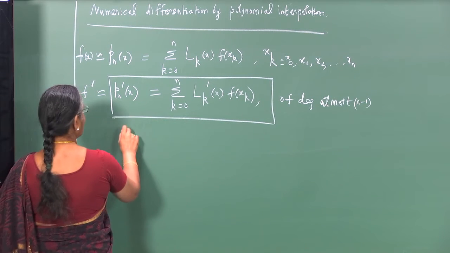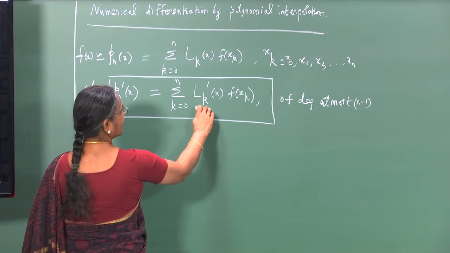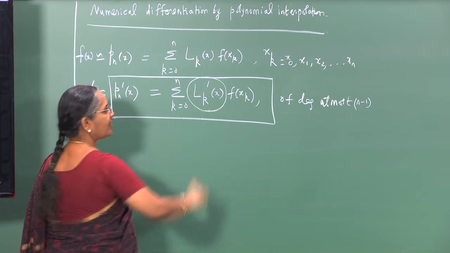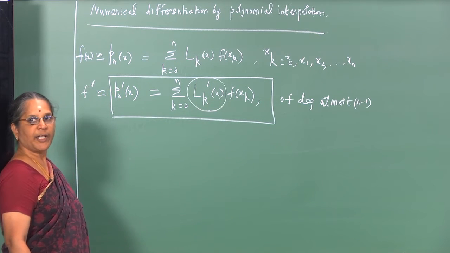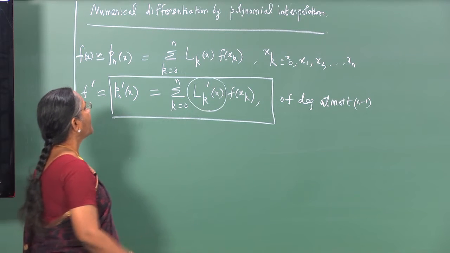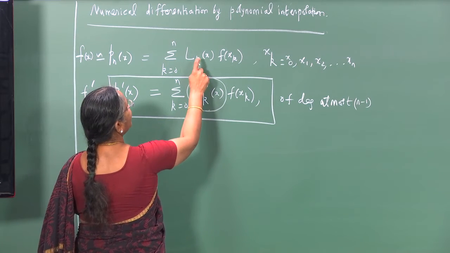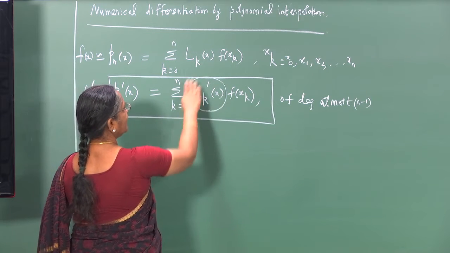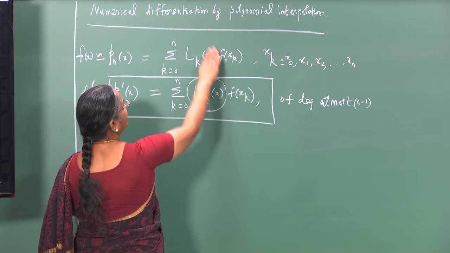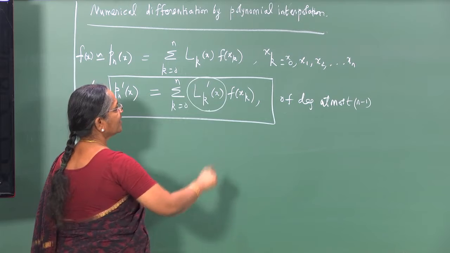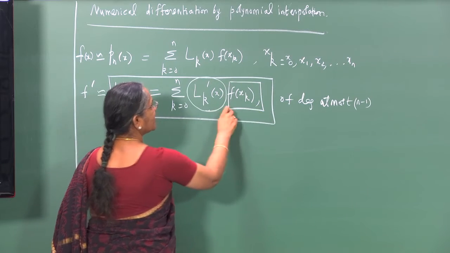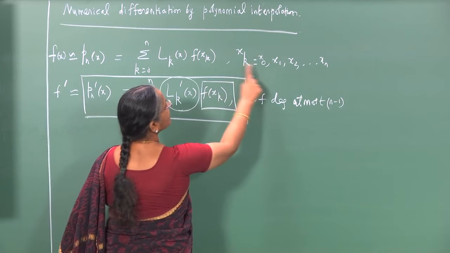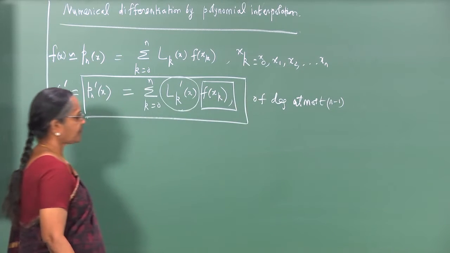And this Pn dashed, when you look at this expression, is a linear combination of these polynomials which are obtained by taking the derivative of Lk of x. So, this expression is a linear combination of the derivatives of Lk of x with coefficients given by the values of the function f at these points.